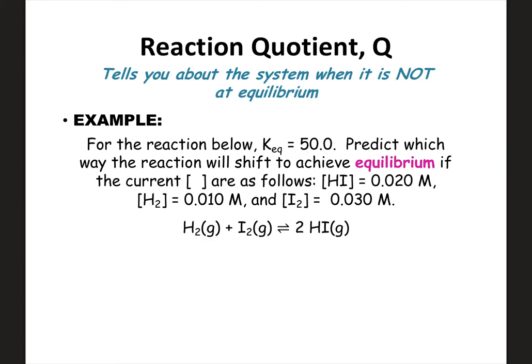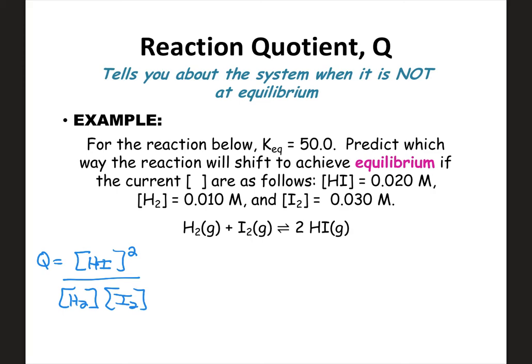So in order to figure out which way it's going to shift, I have to do Q. But remember, you're essentially writing a KEQ expression here. So we know Q would be equal to products over reactants raised to the power of their coefficients. So it's going to be the concentration of HI squared, all over the concentration of H2 times the concentration of I2.